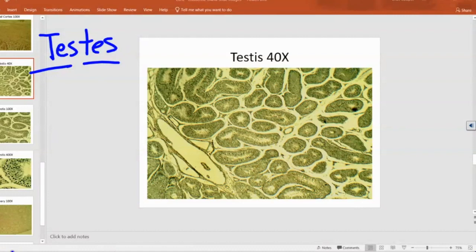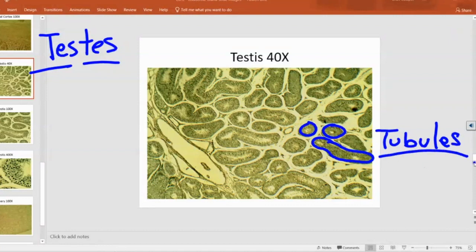What you may not know is that all of these things here, even the ones that are shaped funny, are tubes, and they're so tiny that they changed their name and call them tubules, which means tiny tube. These tubes make sperm, and we'll say that many times.